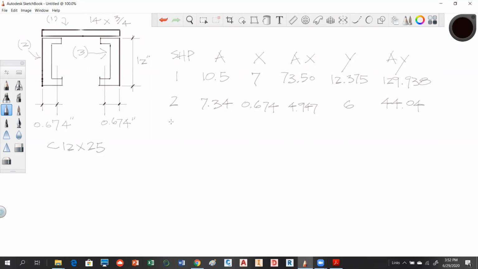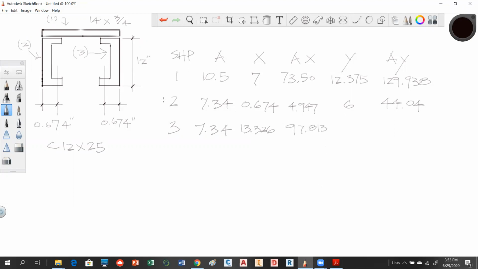Okay, so shape 3, it's mirror imaged essentially, so the area is going to be the same part. The X is going to be the distance from here to here, so we're going to take 14 minus 0.674, so again 14 is the total distance, minus 0.674, so that gets us a value of 13.326, to which we will multiply the area, which gives us 97.813.